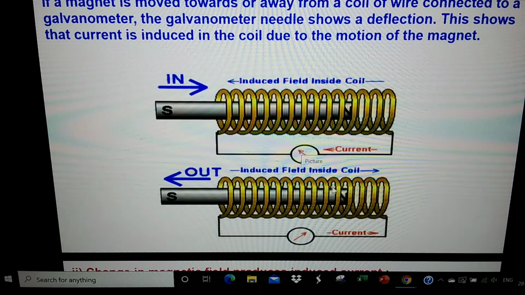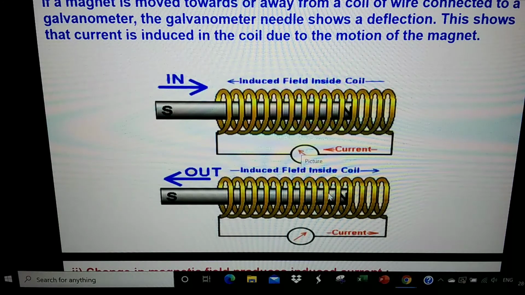If the magnet is pushed out, the current direction will be shown in the opposite direction to the movement of the magnet. So this is the induced field inside the coil.